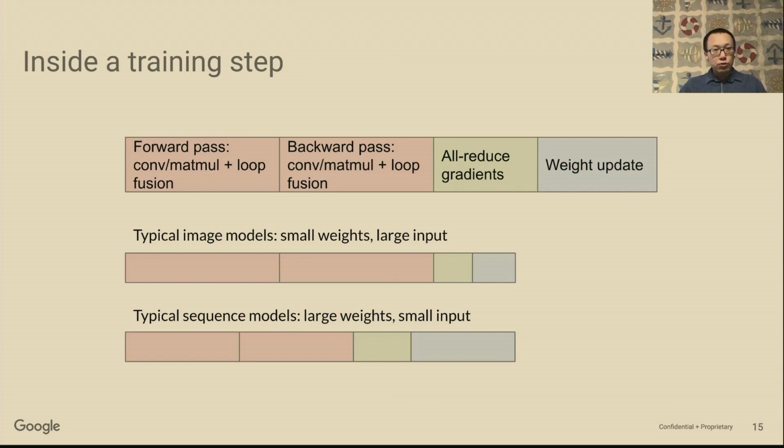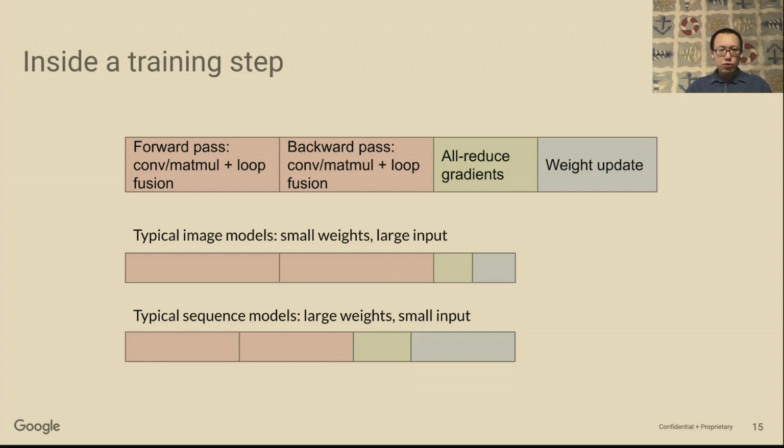In synchronous training, the way it works is that the input feeds into the forward pass, goes through the backward pass to get the local gradients, which are accumulated across different replicas and fed into the optimizer to update the weights. The portion of the all reduce and weight updates differs for different types of models.